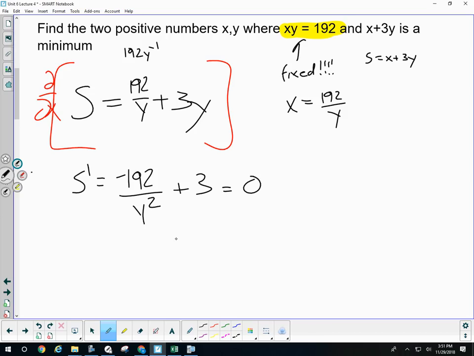I'll multiply by y squared. I get negative 192 equals negative 3y squared. I divide by negative 3. And lo and behold, I get 64. I take the square root of both sides, and I get 8, because I'm just looking for positive numbers.